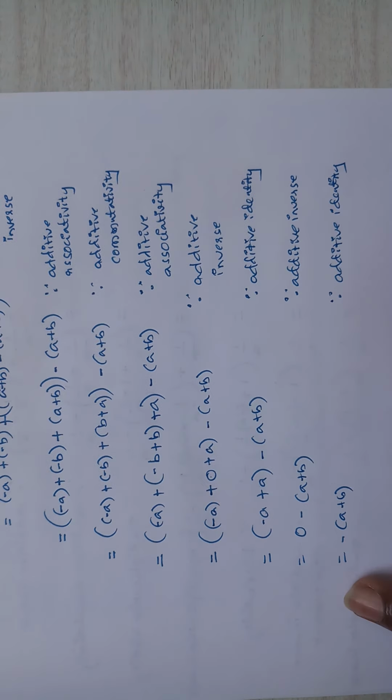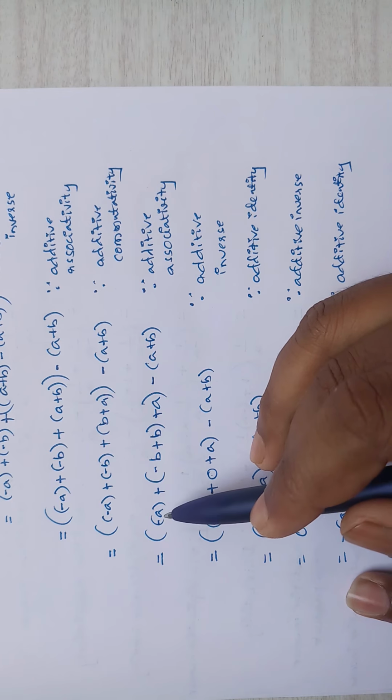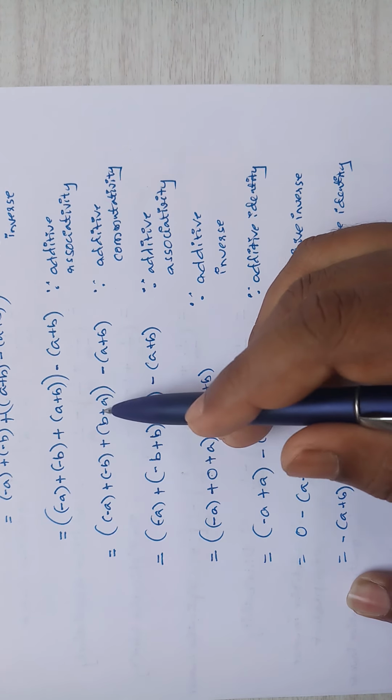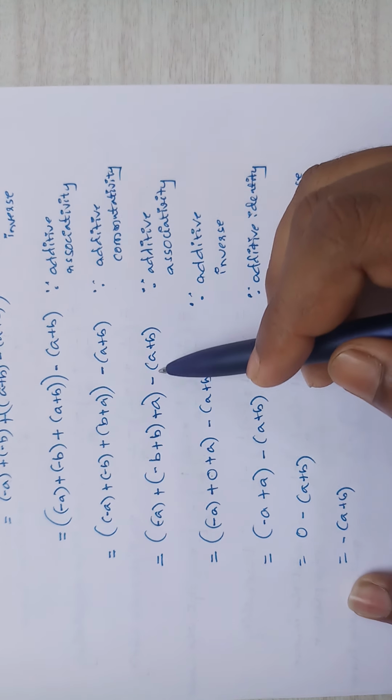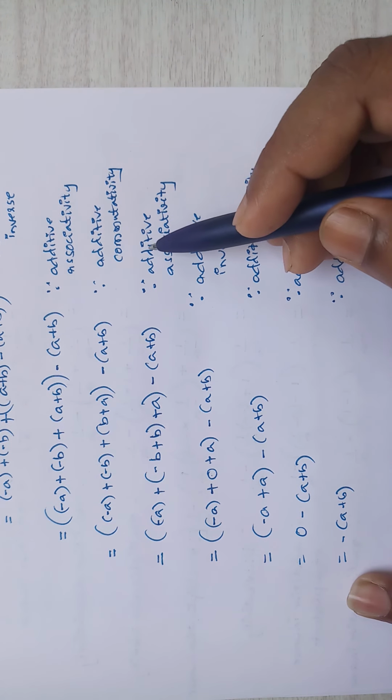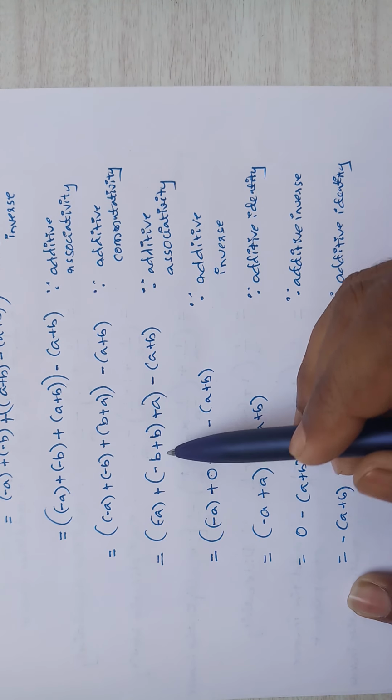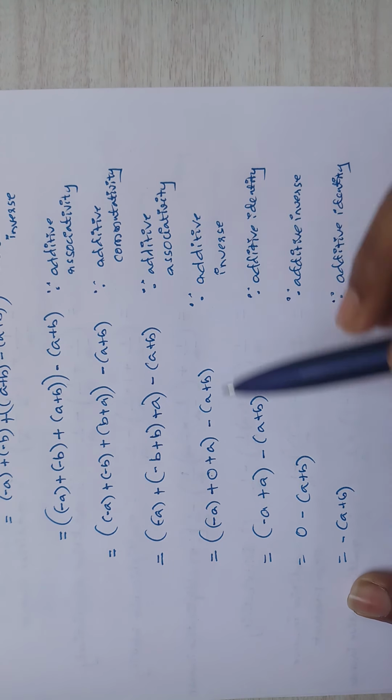So then this can be written as minus of a plus of minus b plus a, minus of a plus b. Because of additive associativity, this becomes 0 because of additive inverse.